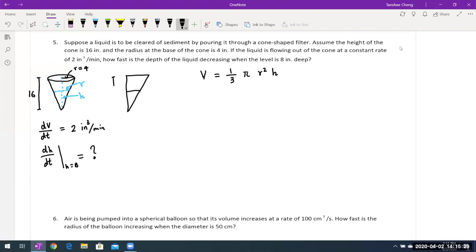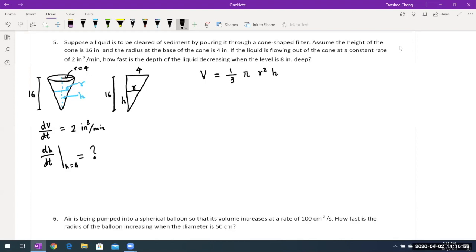This entire height is 16, and at some height right here, that will be associated with this radius, which we don't know at all. That varies. And then the base of the cone has the radius 4.